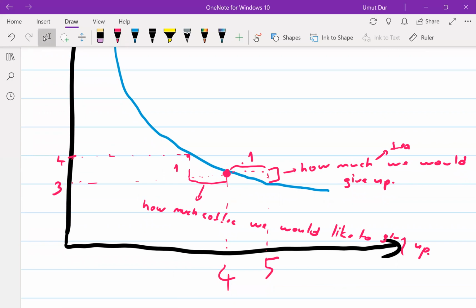And so what we mean by the slope of the indifference curve at this point is basically the slope of the linear line passing through that point, tangent to that point.